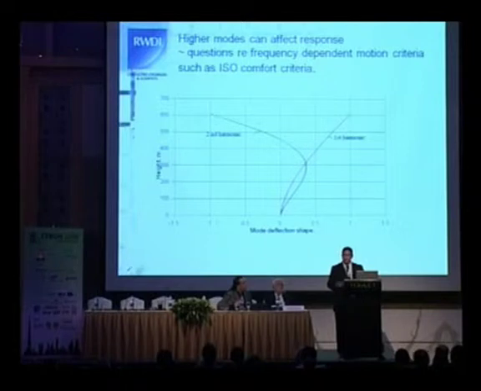The second modes were in the neighborhood of 5 seconds. So both modes are excited by the wind. It's something we had to look at in more detail than would be done on a mid-rise, or what we would traditionally think of as high-rise buildings.